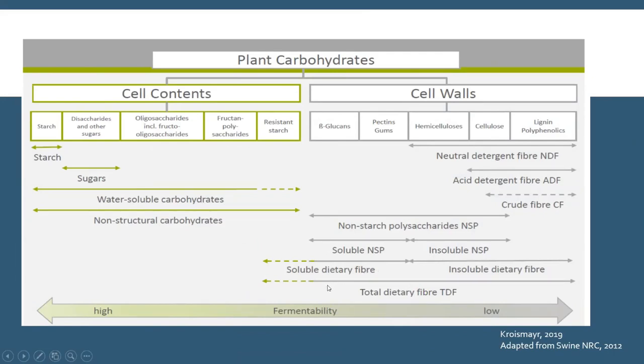Are they fermentable? Are they non-fermentable? That characterization or profiling of ingredients would help us identify what particular enzyme I should use to help maintain good gut health.